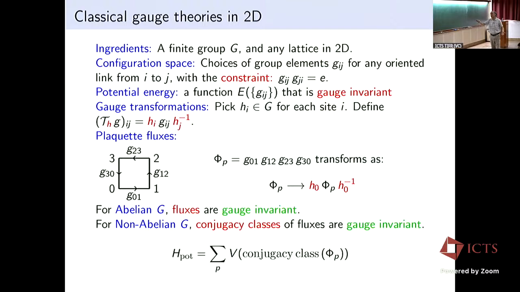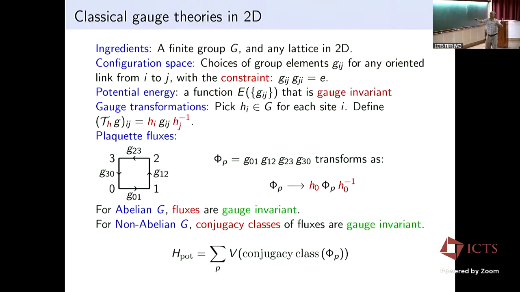So again, if the group is abelian, you don't change the flux. If the group is non-abelian, this new flux can be different. It's usually different, but it remains in what is called the conjugacy class of the group element phi_p.